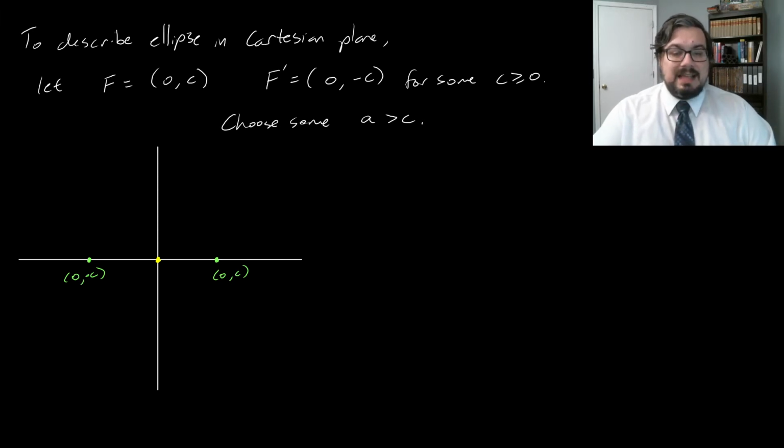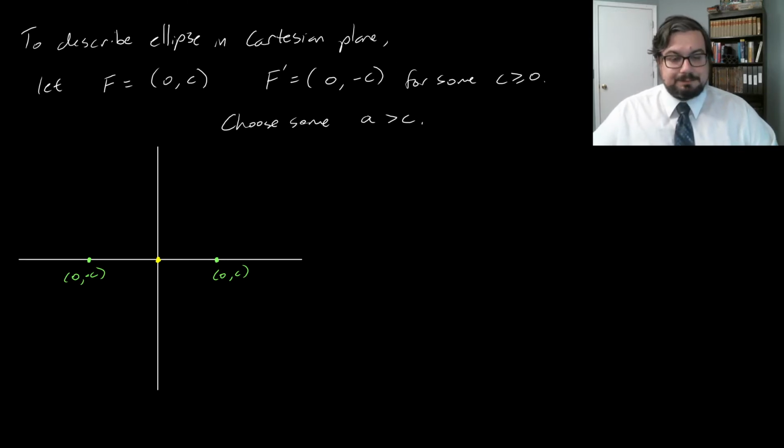Now, if a is less than c, then there is no point in the plane that does it. If you choose some point between them, like say the origin, then the sum of the distances to the two foci will be exactly 2c, and that's the shortest that you can get. The shortest sum of distances to the 2 points is 2c, and therefore if we want the sum of the distances to those 2 points to be less than that, then we won't have anything.